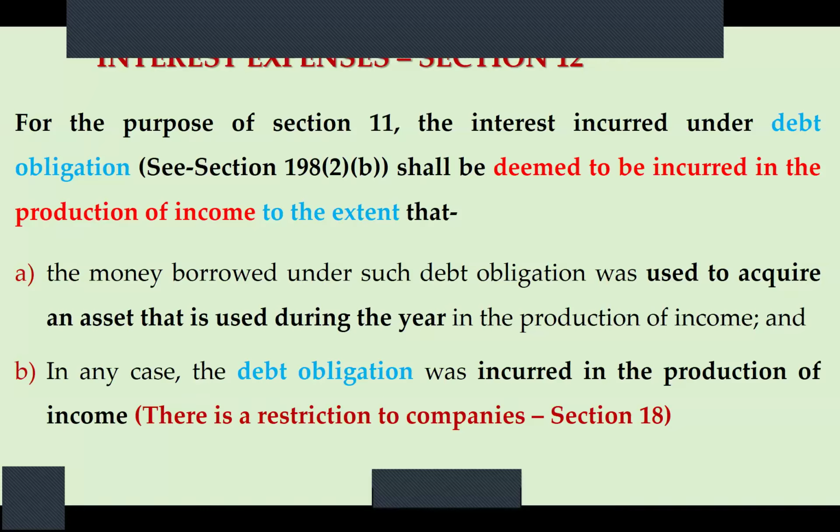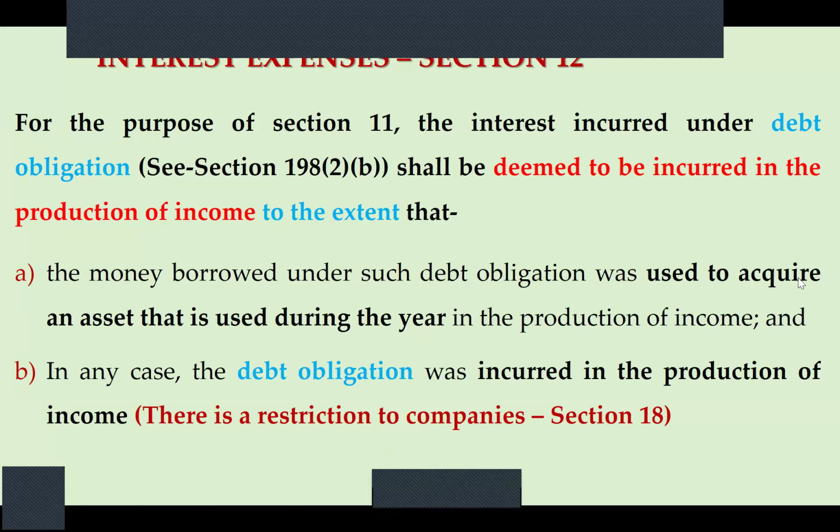So this is section 12, deduction of interest expenditure. What are the provisions applicable? If it is an individual, without any restriction we can deduct interest if it is incurred in the production of income, or if the borrowed money is used to purchase an asset and that asset is used for the production of income.